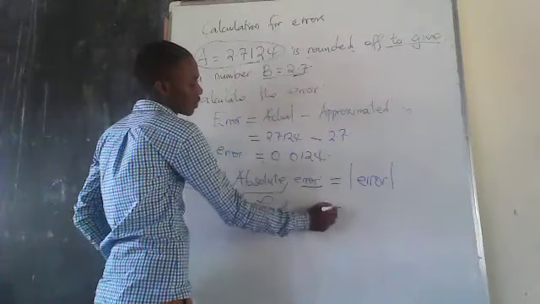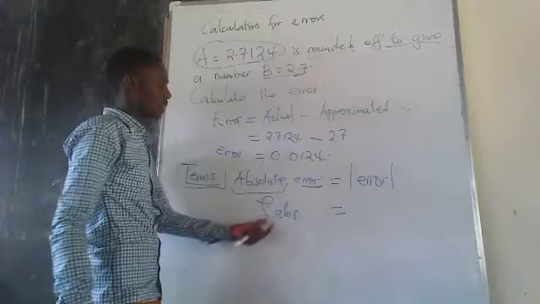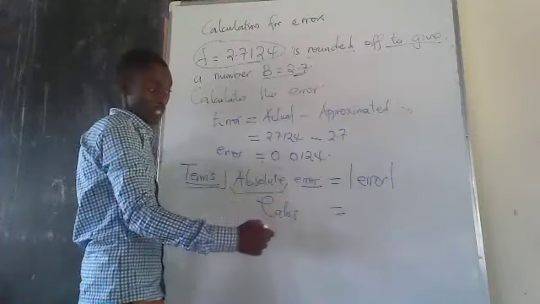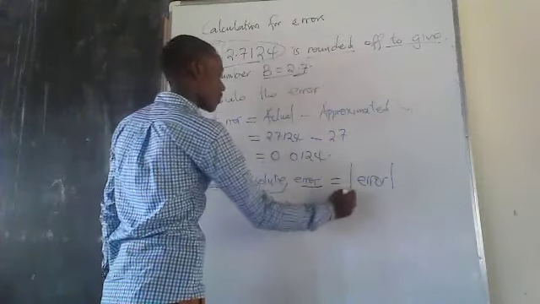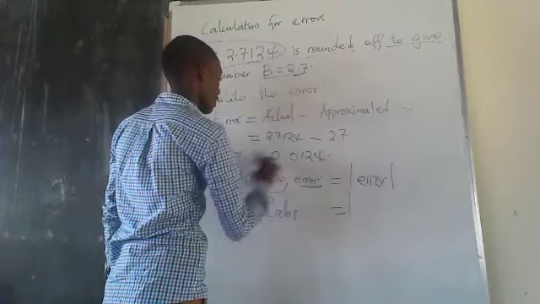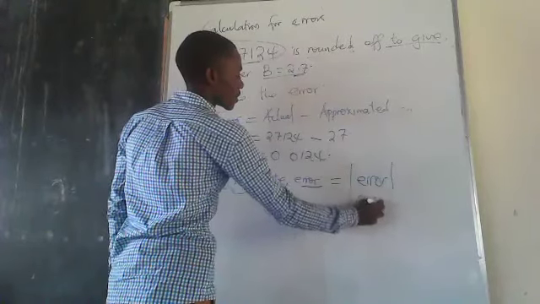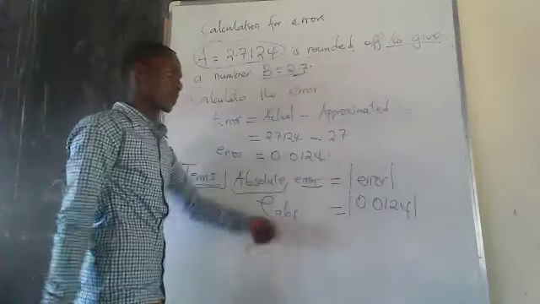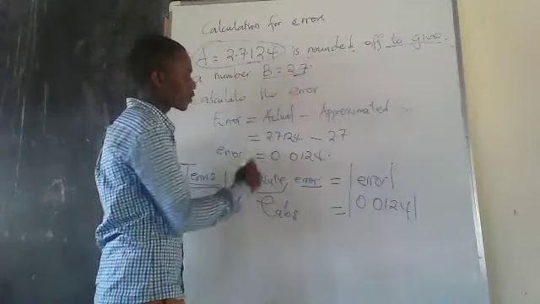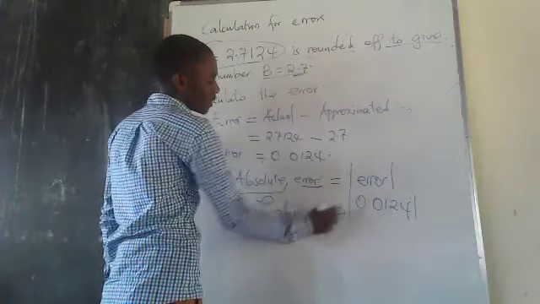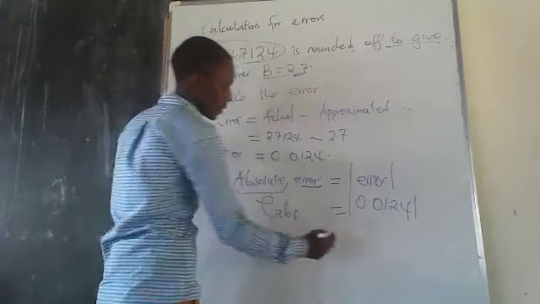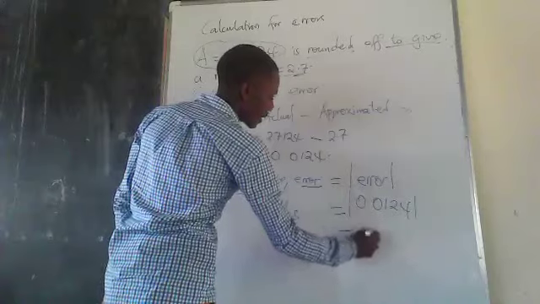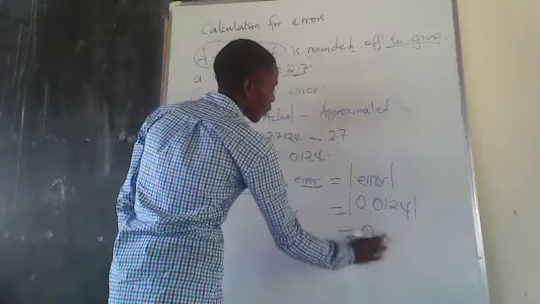So our absolute error is going to be the magnitude of the error. But what was the error? 0.0124. Magnitude of something means that you take its positive. If this one was negative, our absolute error would be positive. And magnitude of this remains 0.0124.